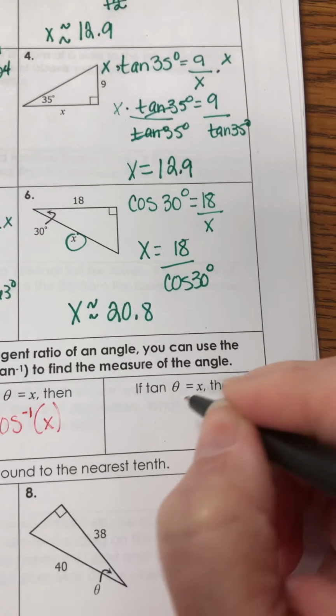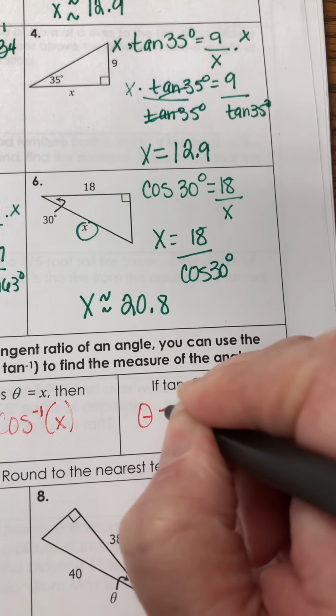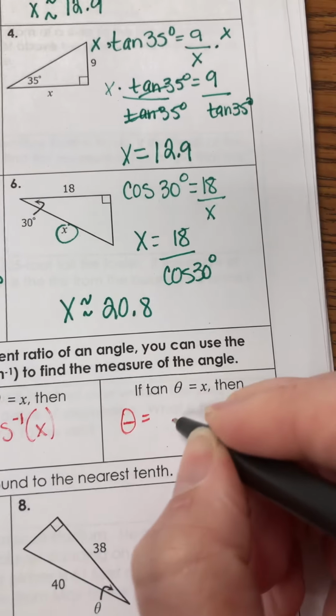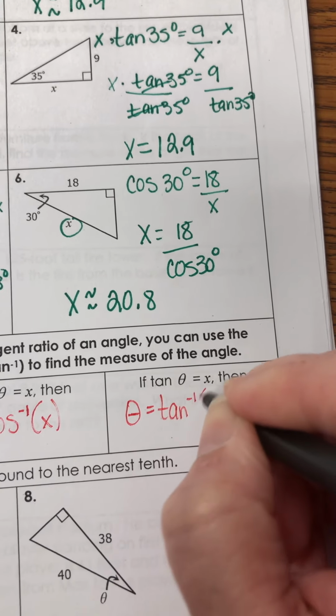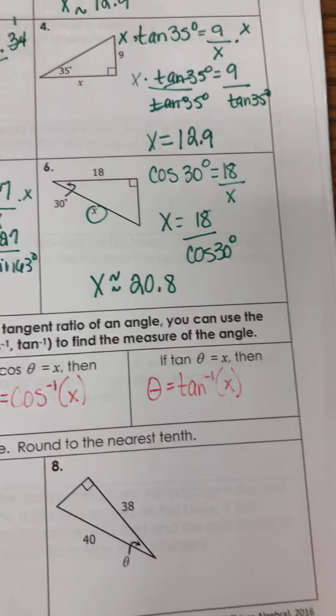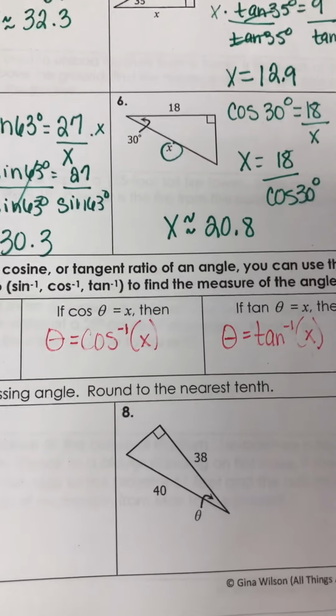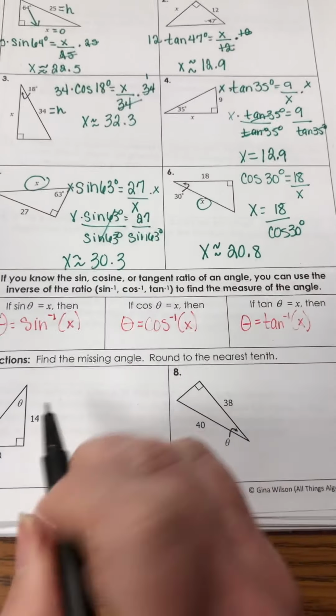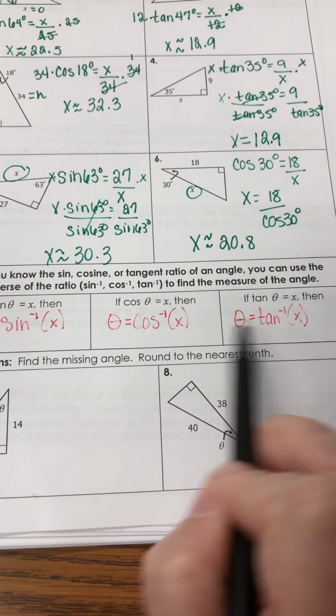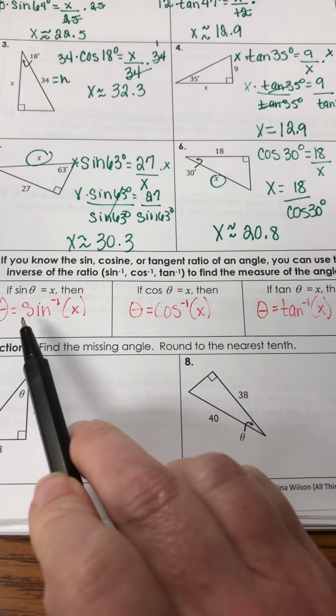If tangent of theta is equal to x, to find theta, you want to take the inverse of tangent of x. So all of these are inverse functions. We're going from the sine, cosine, and tangent back to the acute angle theta.